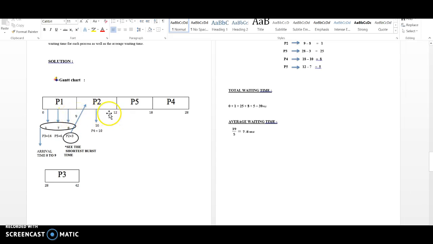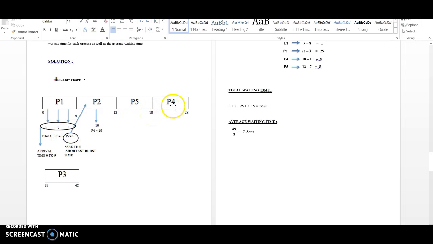Between 9 and 12 we have one process, 10. It's P4 equals 10. So we list it up here. P2 is already listed up. So the next step is P5, because the shortest burst time is 6. So we list up P5: 12 plus 6 is 18.